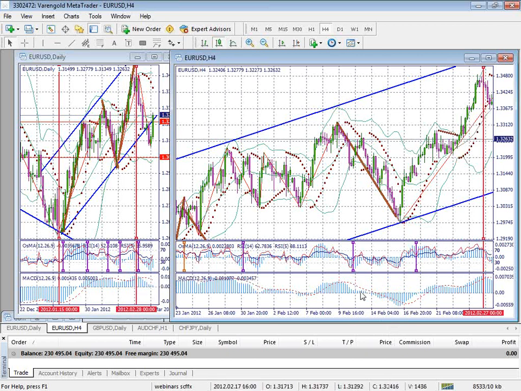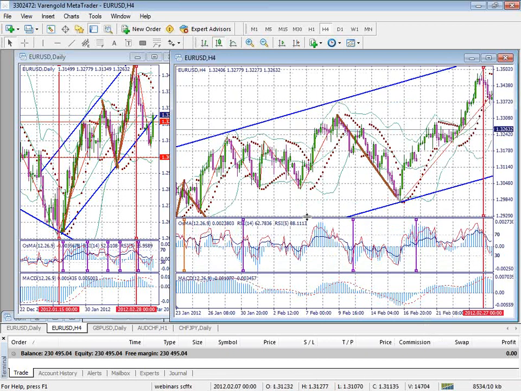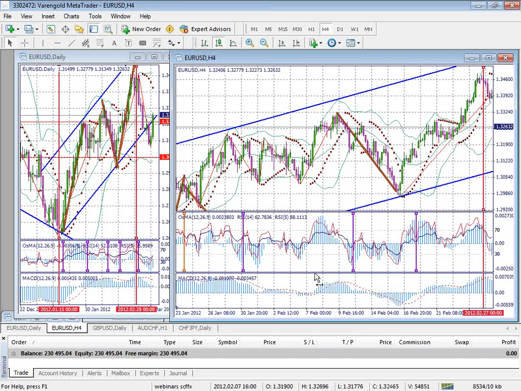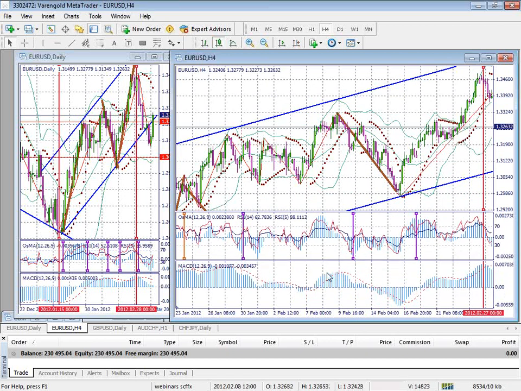and also we can see that what we have on 4 hours is confirmed also on MACD. So this move of the currency will be stronger.